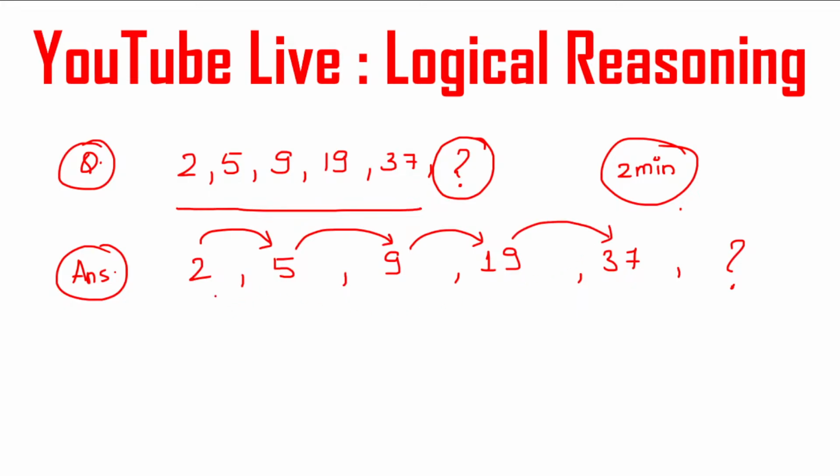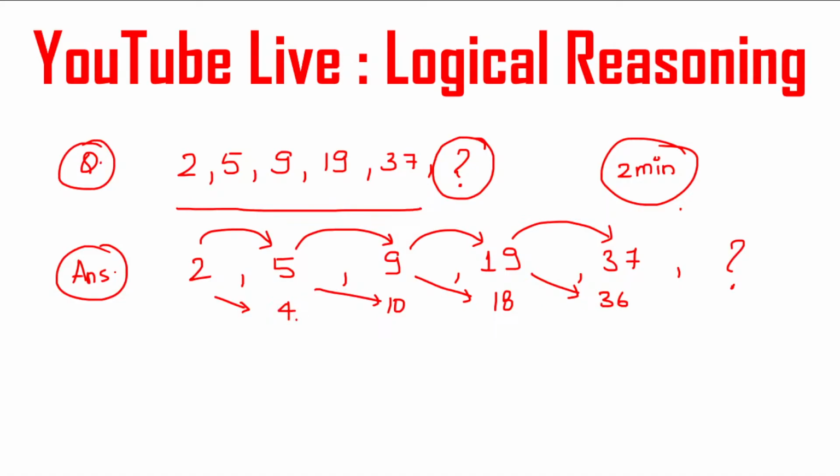But if you notice, the nearest multiple of 2 just before 5 is 4. The nearest multiple just after 9 is 10 over here. And in case of 19, the nearest multiple before 19 is 18. And in case of 37, we have 36.